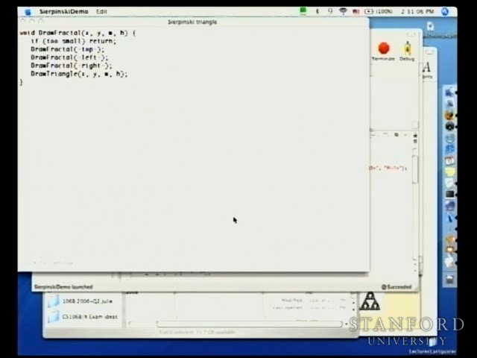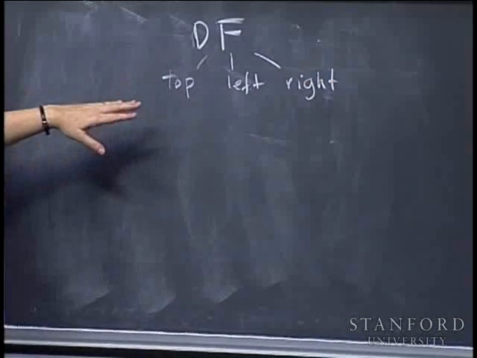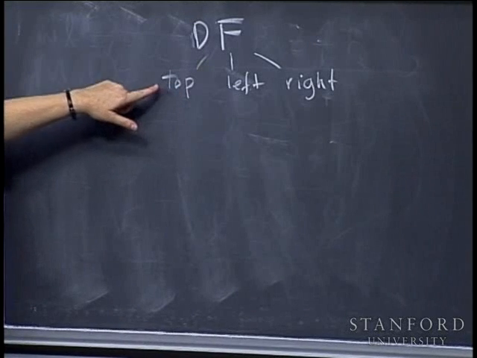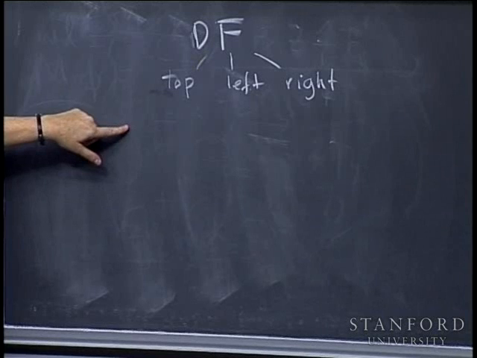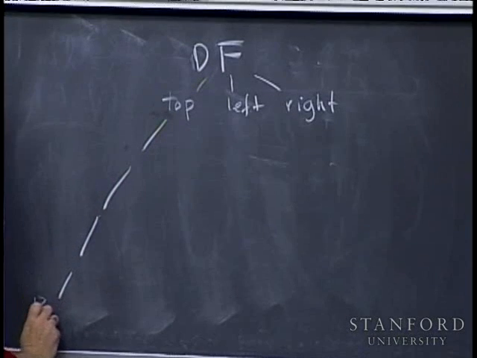One thing that is sometimes helpful in visualizing what a recursive procedure is doing is to think of it as an upside-down tree, where here's my draw fractal for the outer one, and then it makes these calls to top, to left, to right. Realize that the way the recursion proceeds is that it makes the call to draw fractal of top, which then makes a call to draw fractal of its top, which makes the call to draw fractal of its top, so that it goes deep until it hits that base case.